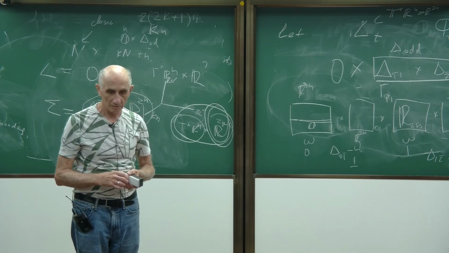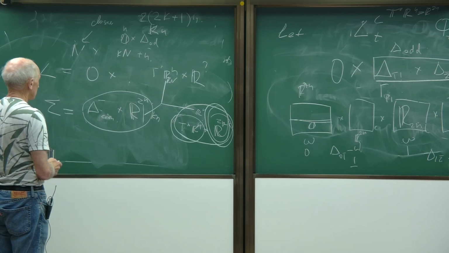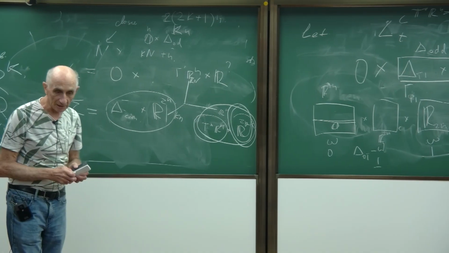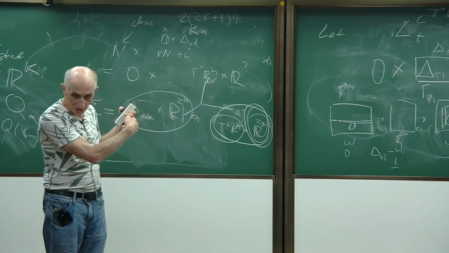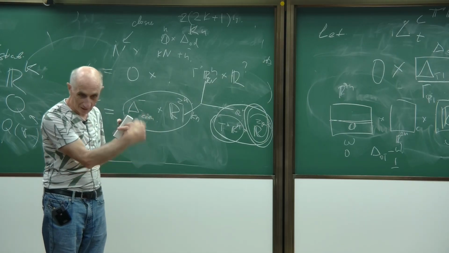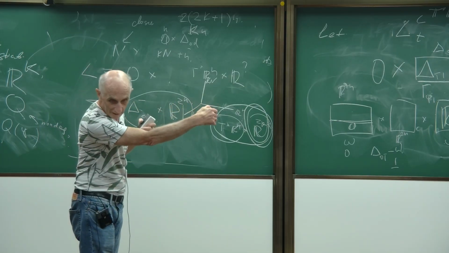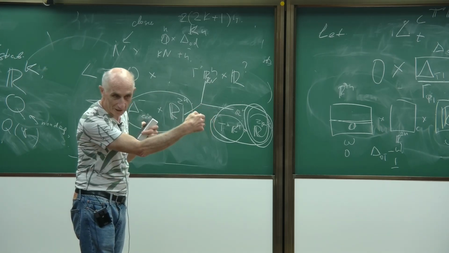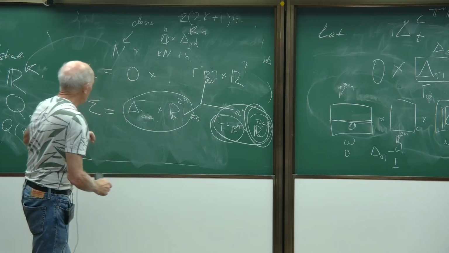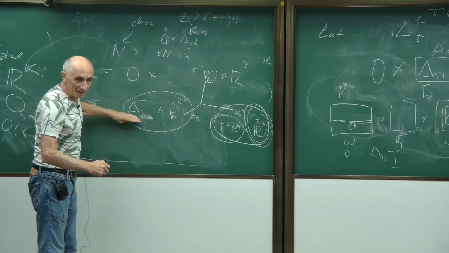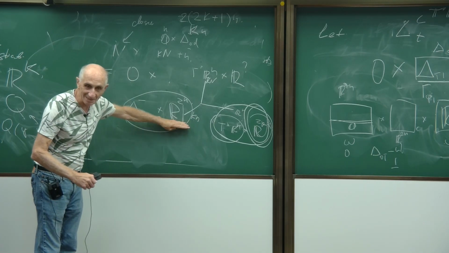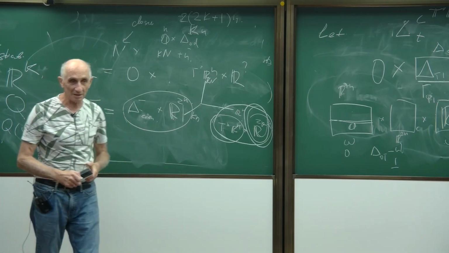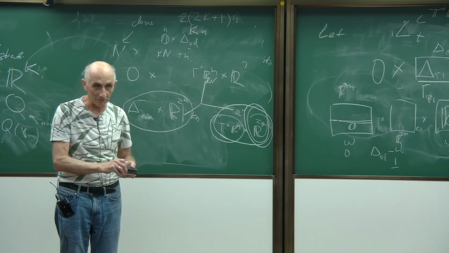So what is the Lagrangian you are finally taking? The Lagrangian I'm taking is the original zero section, zero section cross all the gammas. This is our Lagrangian. And then this odd diagonal times the last R2n is our coisotropic submanifold.